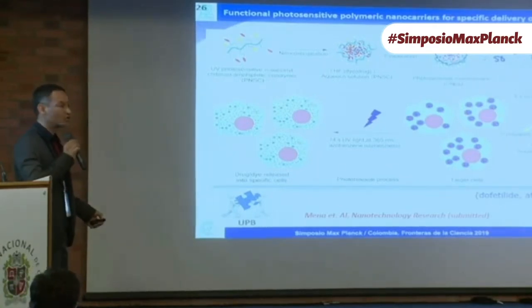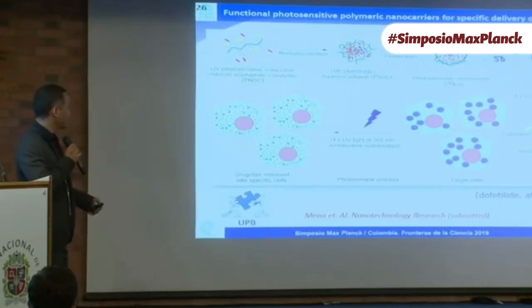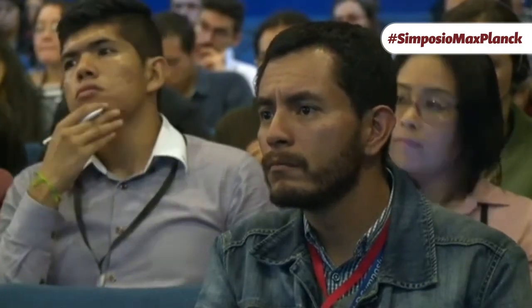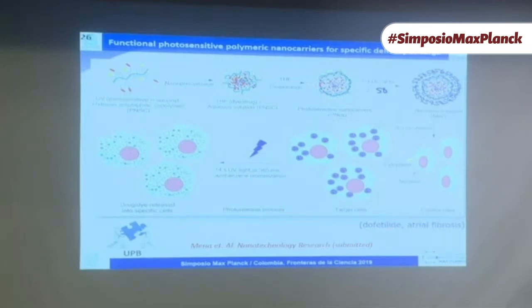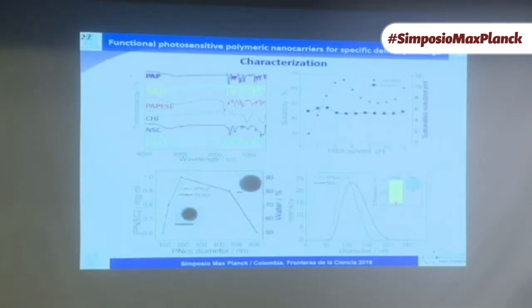Dofetilide is a drug that is used to fight arterial fibrillation. So we develop a nanoparticle based on chitosan. Chitosan was modified with azobenzene, which is a UV photosensitive molecule.